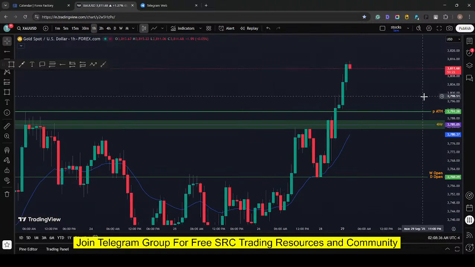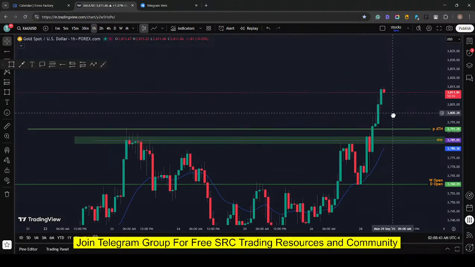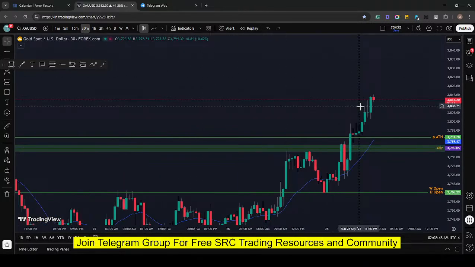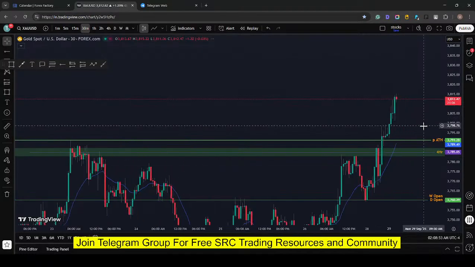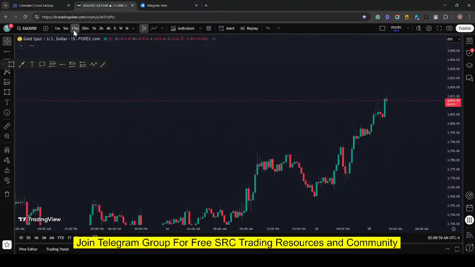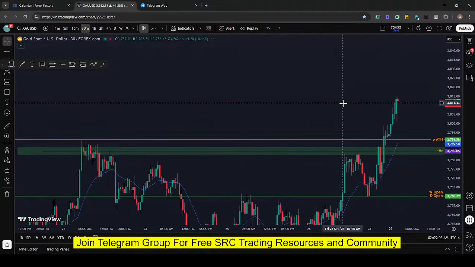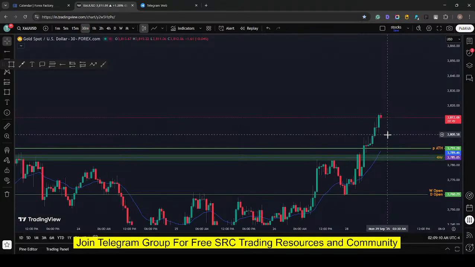What is going on? 1 hour. Nothing. Left a clean range. I think waiting for a pullback is the only thing we can look for right now. 30 minute, nothing. See, 1, 2, 3, 4.